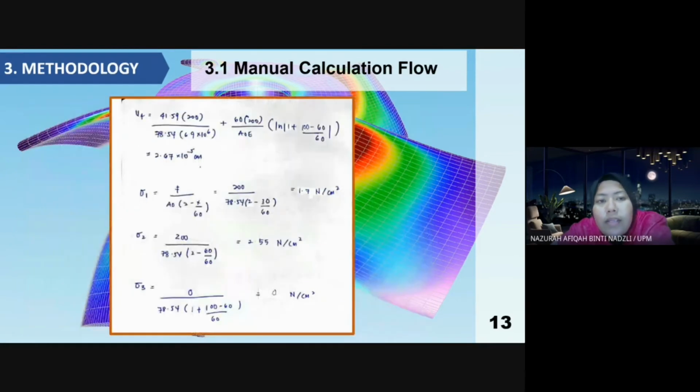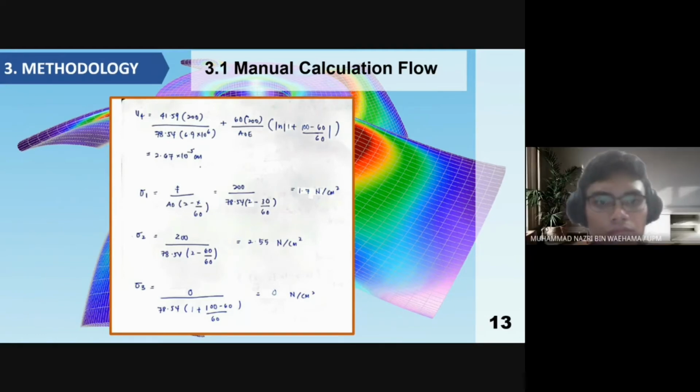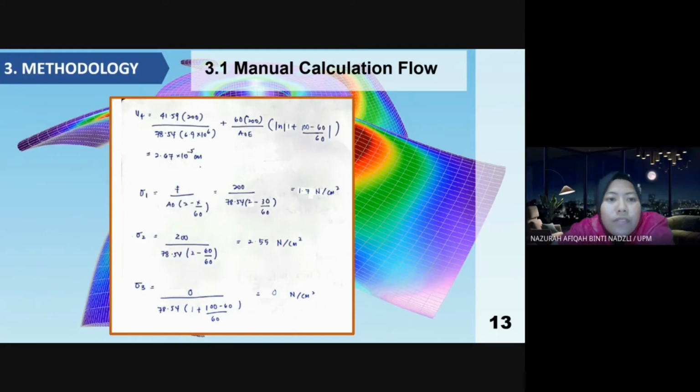Okay, after we get the axial displacement, we can obtain the axial stress. So we also substitute the forces and A0. Actually, I need to correct that the axial displacement is based on the nodes, not the elements. So we obtain the axial displacement for node 1, node 2, node 3, and node 4.